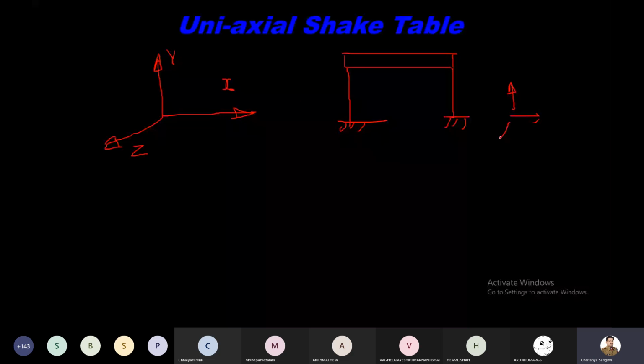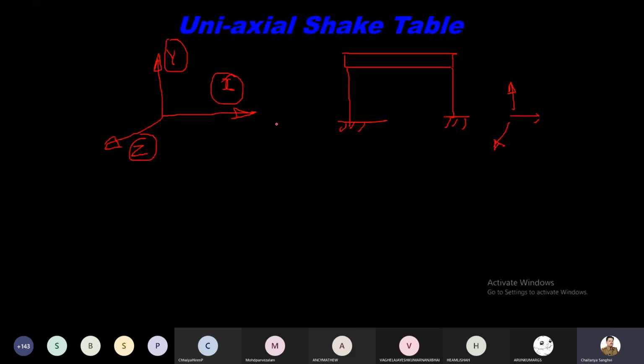So X and Z are horizontal directions, and Y is the vertical direction, right? Now the question will arise, how many components should we take? Either only one original component of the earthquake, or all three, right?